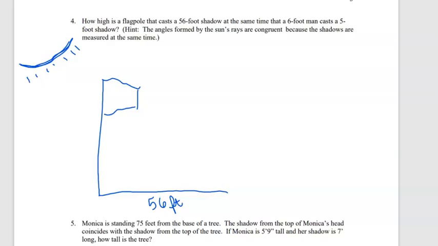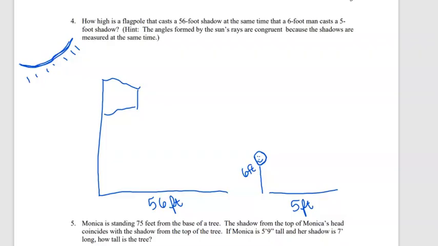At the same time of day, the sun is going to hit a man, and it's also going to create a shadow. So this man is 6 feet tall, and his shadow is 5 feet long.